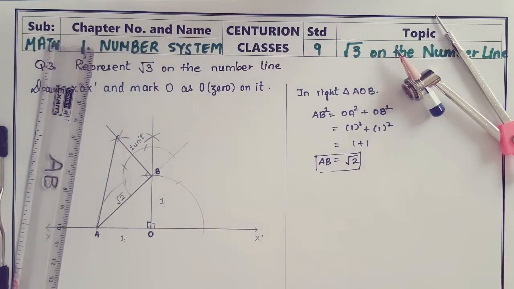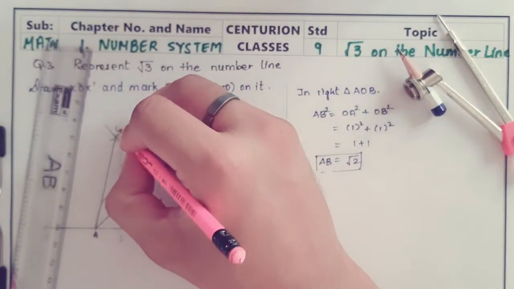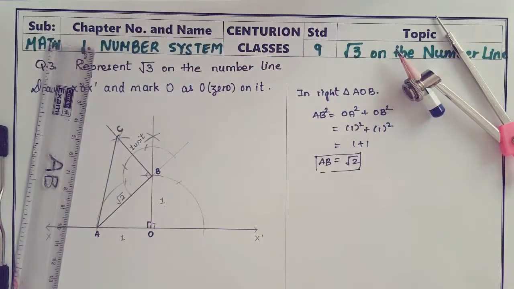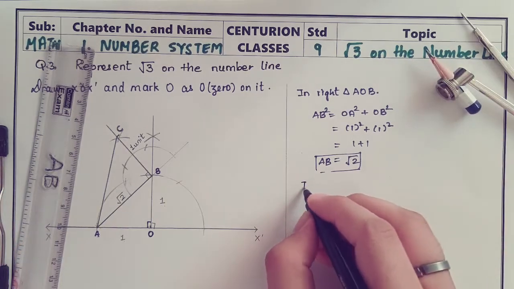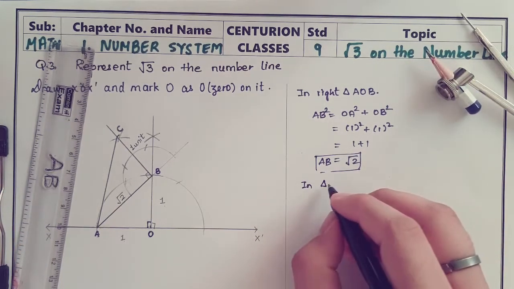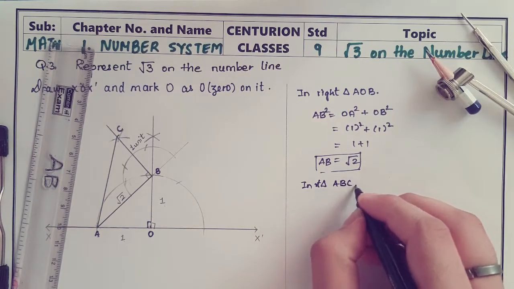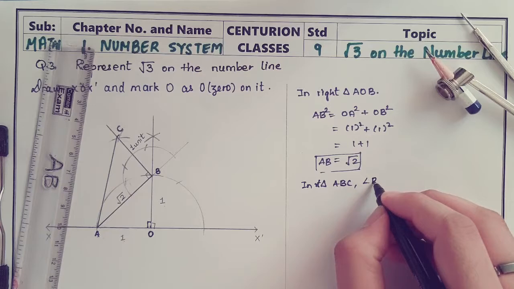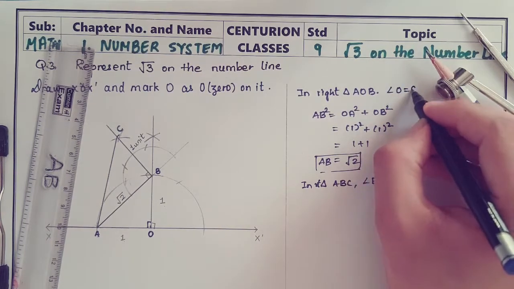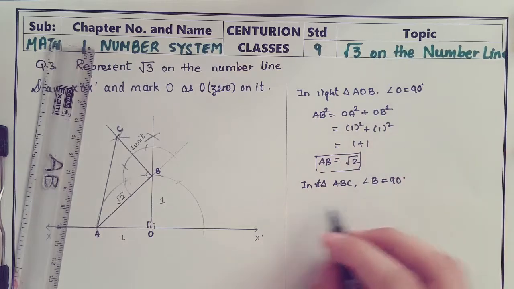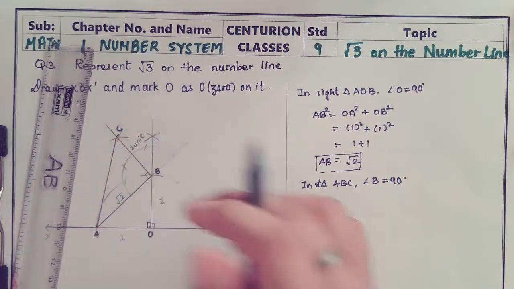Let me give this the name AB and let this be C. In right triangle ABC, angle B is 90 degree. Now we want to know the measurement of AC.